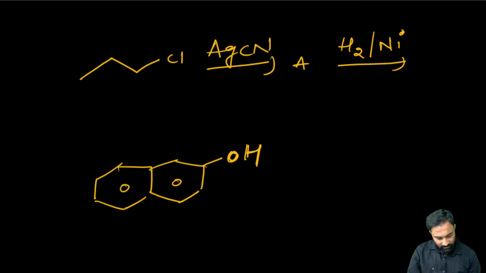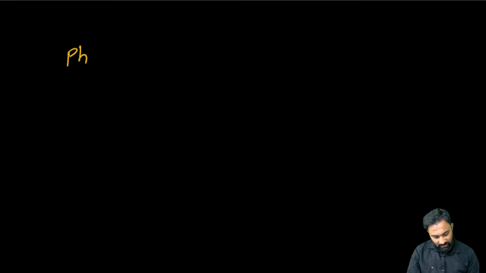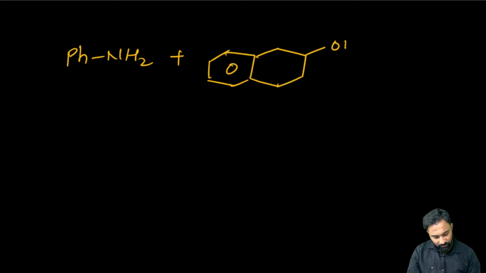Coupling with aniline. Now this one is coupling with the aniline, the diazonium chloride, and this is the NH2. Right? Now eliminate the hydrogen at this alpha position. Now, if suppose the beta naphthol they have given, you can see this is an aniline, and now the hydrogen will be eliminated from here.